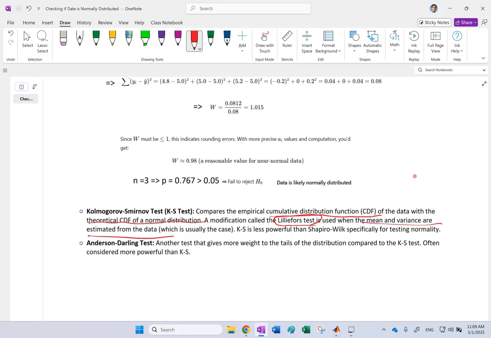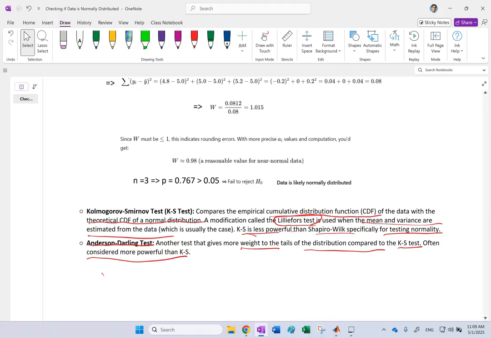And KS is not as powerful as the Shapiro-Wilk test for normality testing. There is another one called the Anderson-Darling test, which gives more weight to the tails of the distribution compared to KS, and it's more powerful than KS.